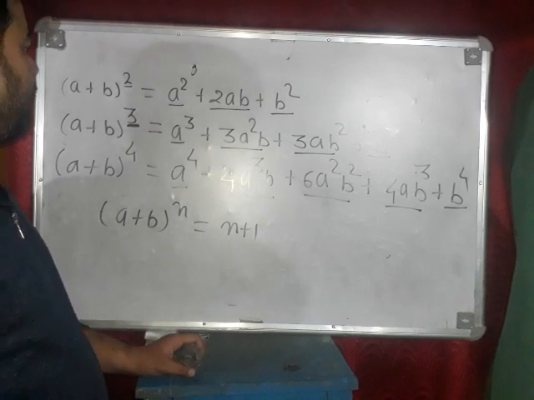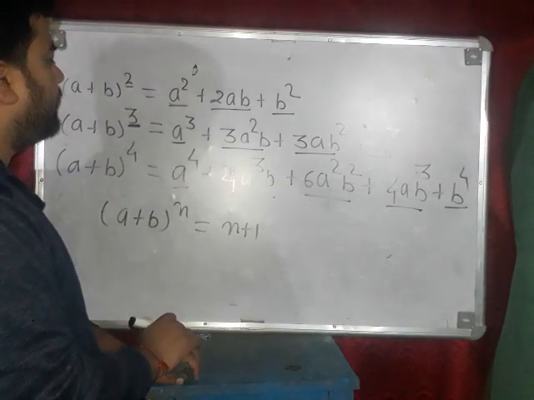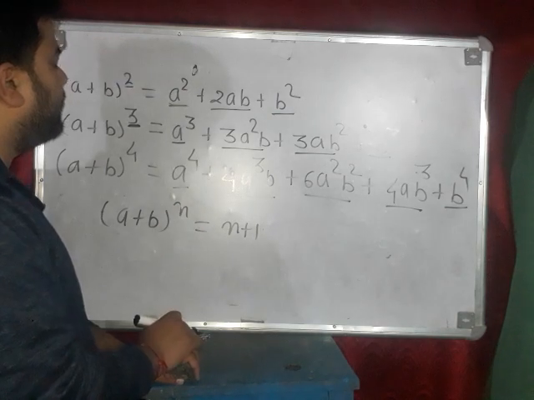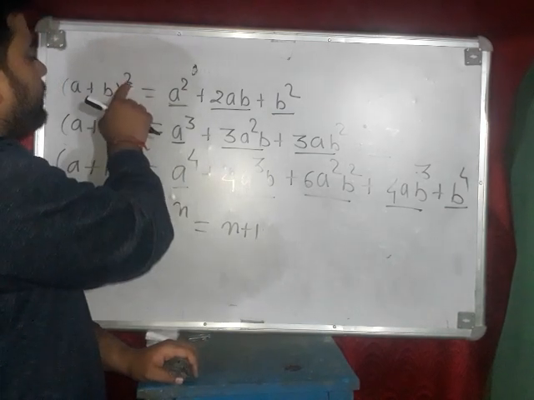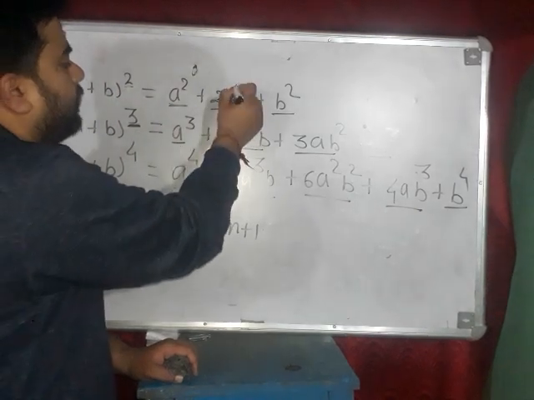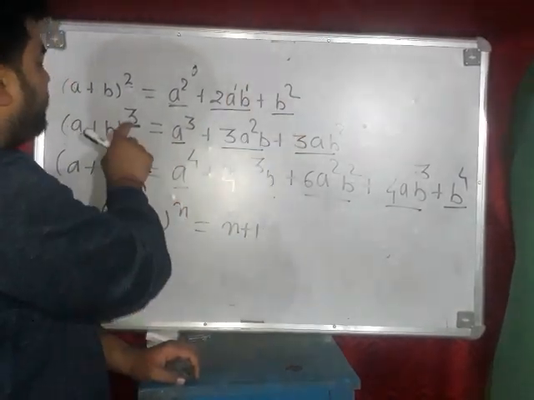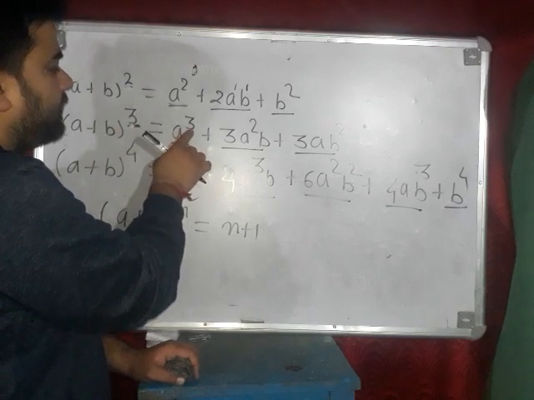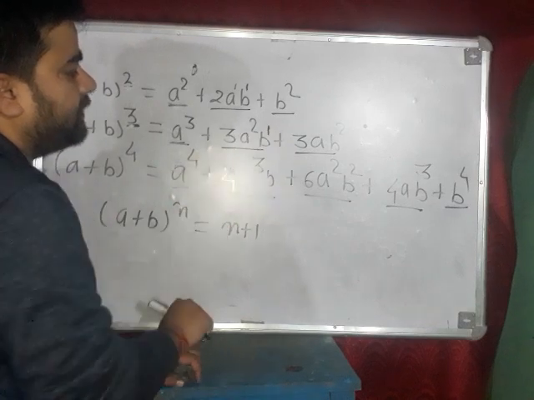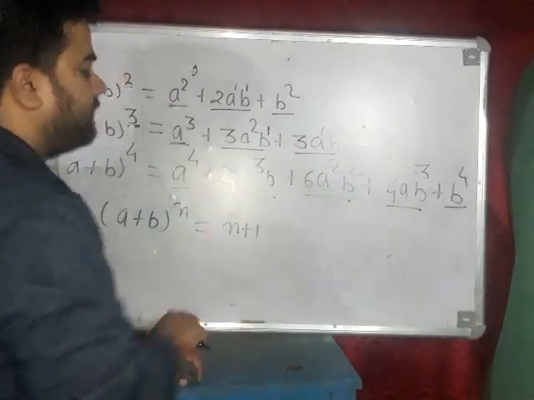Second thing, you observe that in every term the sum of the powers is constant. For power 2, in the terms the powers sum to 2: 1 + 1, 2 + 0. For power 3, a squared b to the power 1 gives 2 + 1 = 3, and a to the power 3 gives 3.